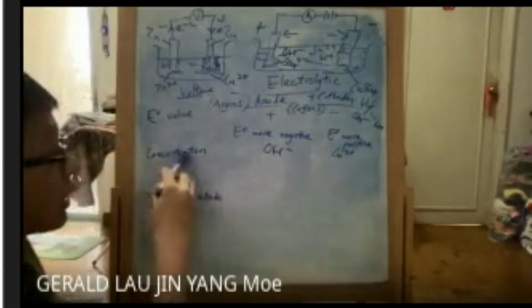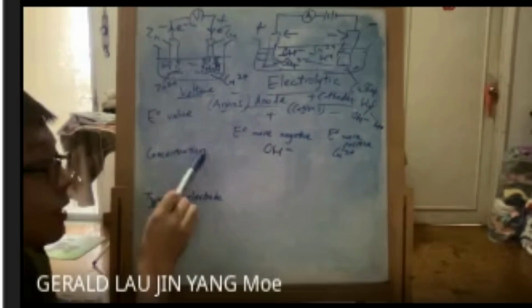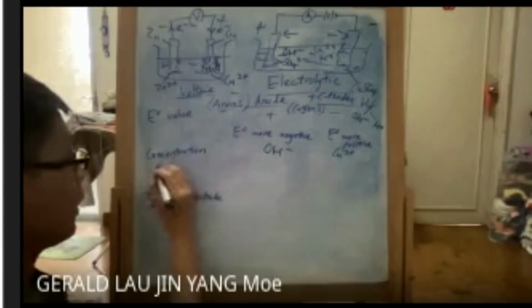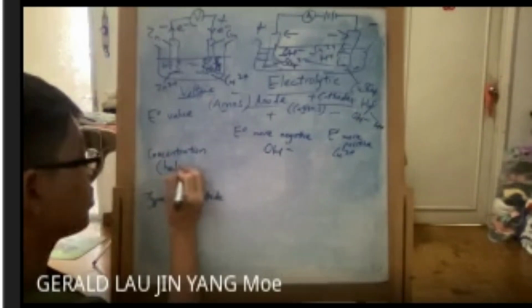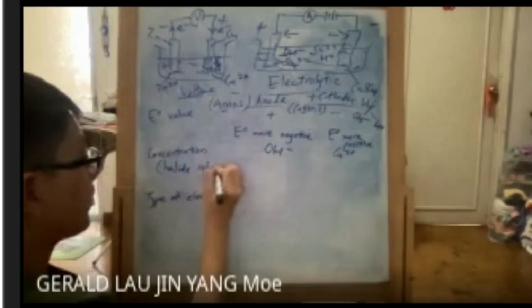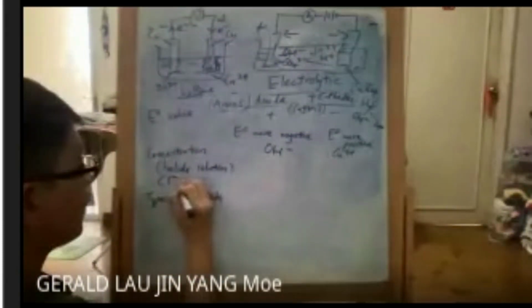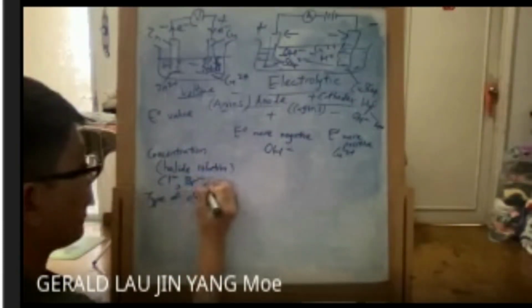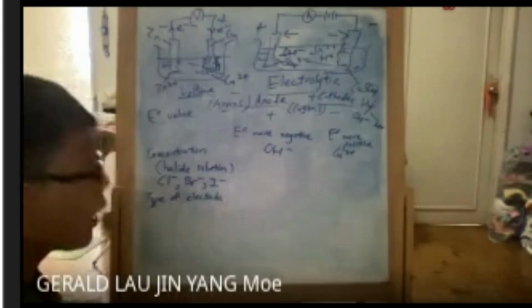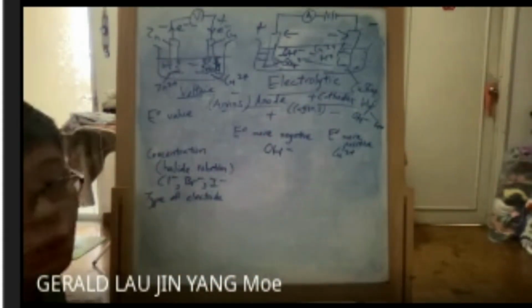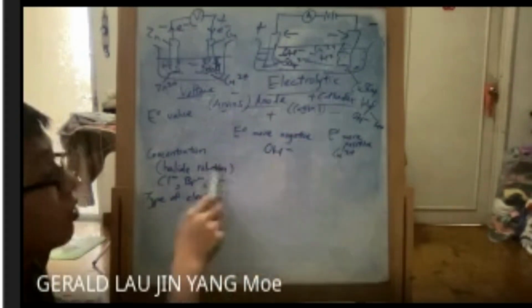Okay, the second factor is concentration, but concentration only applies for halide solution. What do you mean by halide solution? Halide solution means chloride, bromide, iodide. Look here, sulfate. Is sulfate a halide solution? No. If no, then you ignore this factor.